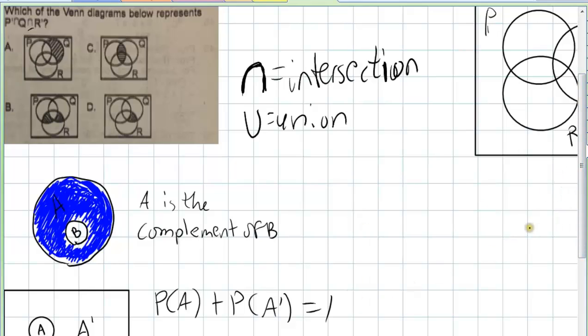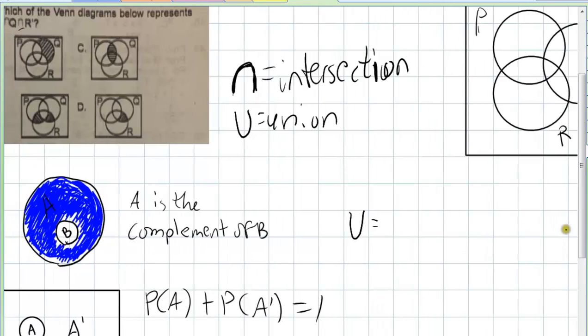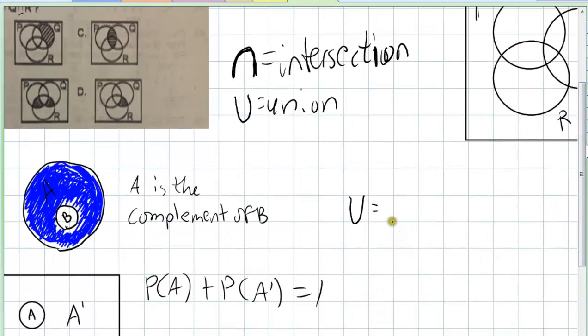So union and intersection. Union can be described a lot like, well, this is just a metaphor, so don't take it too far, but a union can be considered like a marriage. So in a marriage, two parties come together, and this could be a marriage of a company even.